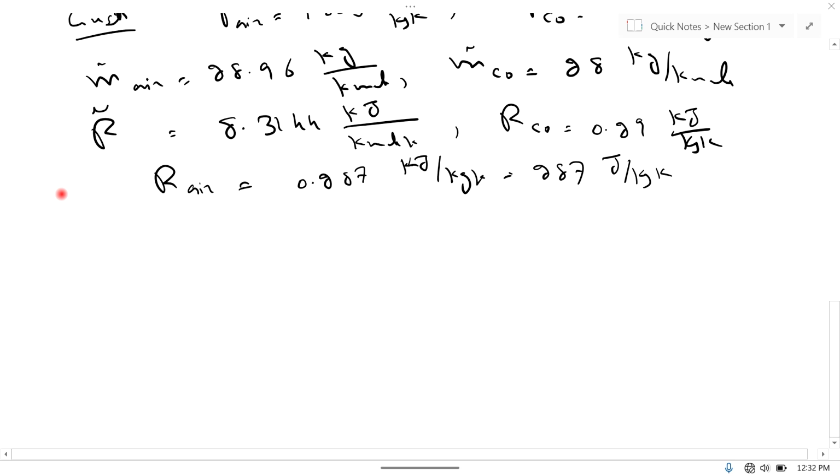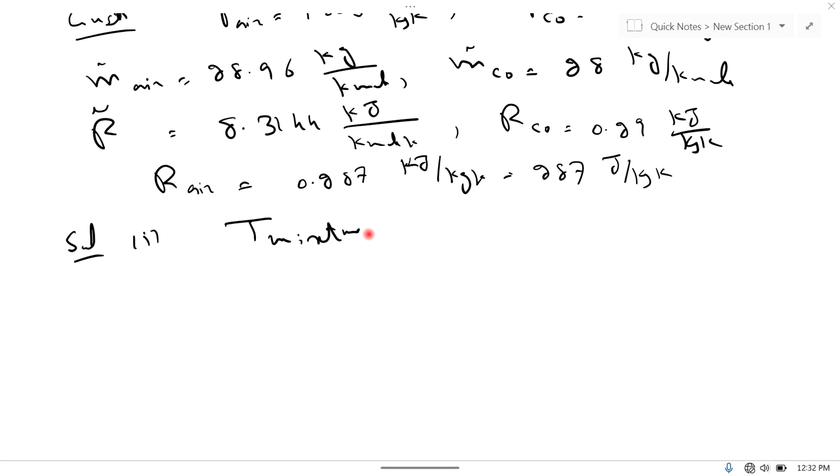Now we are starting the solution. So first we find the temperature of the mixture after mixing the carbon monoxide and air.